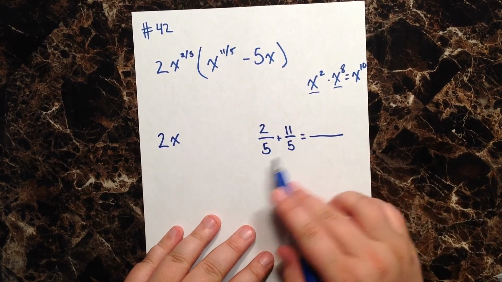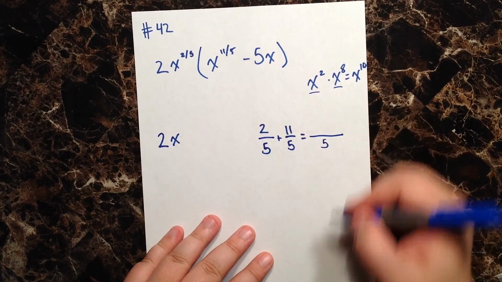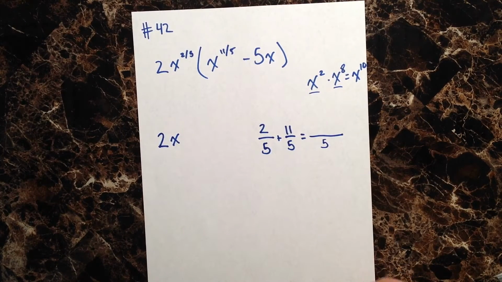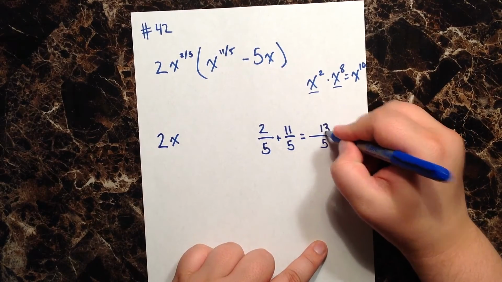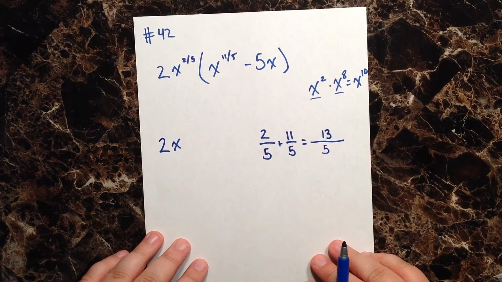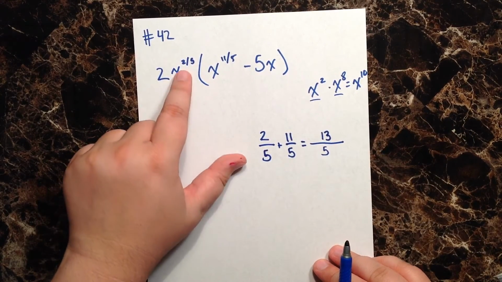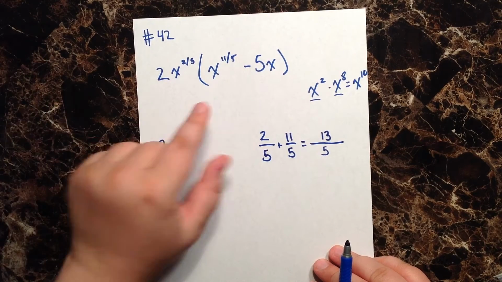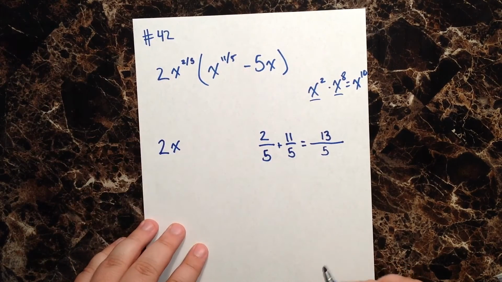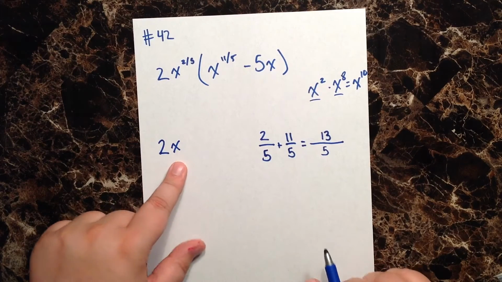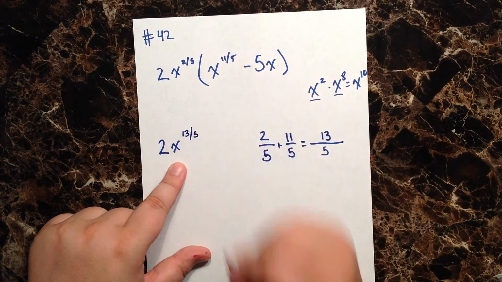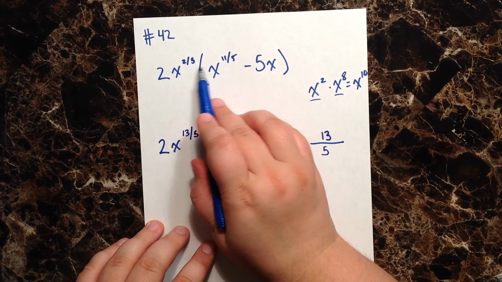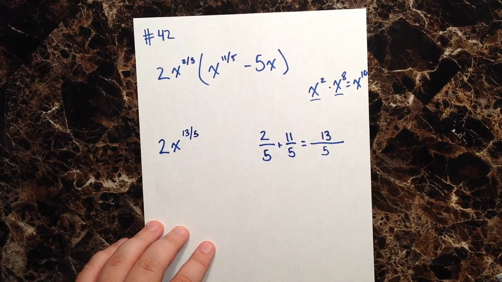Fortunately, I have one here, and that's 5. So the 5, my denominator just moves right over, and I deal with my numerators. So 2 plus 11, well, that's just 13. And so when I multiply 2x to the 2/5 power times x to the 11/5 power, it comes out as 2x to the 13/5 power.